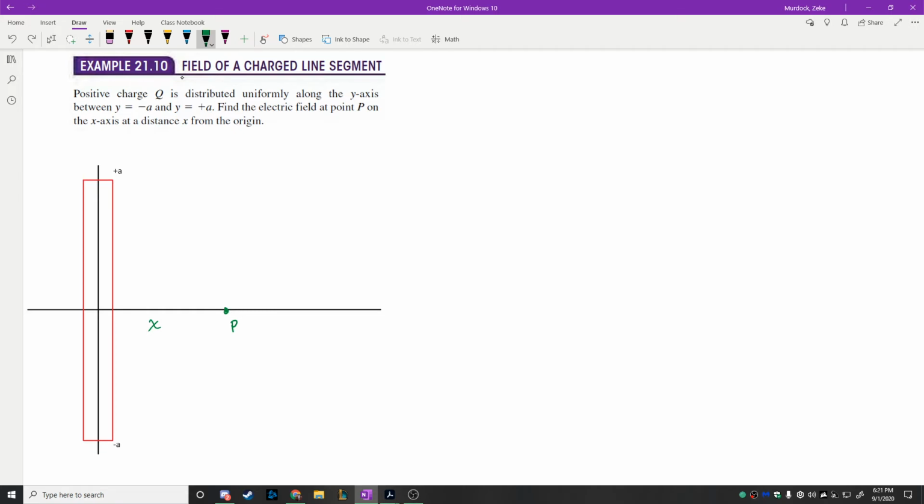Our goal is to figure out what the electric field at this location is if our object is full of positive charges, uniformly distributed throughout. It doesn't say it, but we're going to say that the distribution is given by lambda, the charge per unit length.